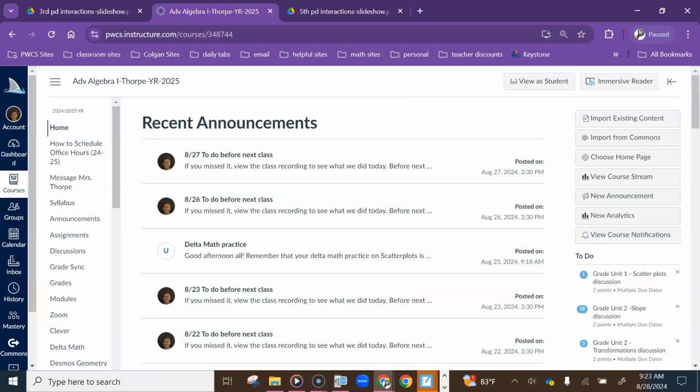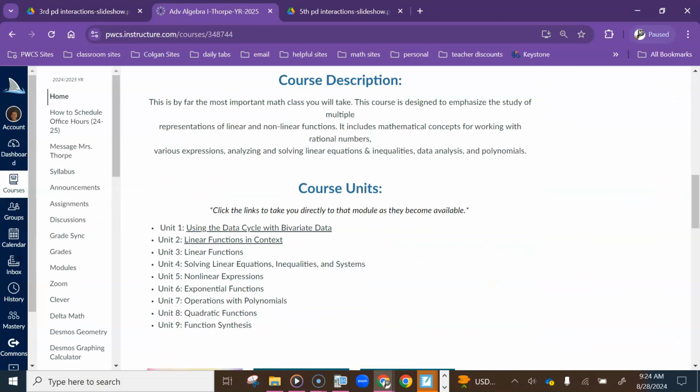And we're going to stay on the home page, so don't click anything yet. So once you're in Canvas on the home page, you may have to scroll, you may not have to scroll. Click on the Unit 2 course unit.